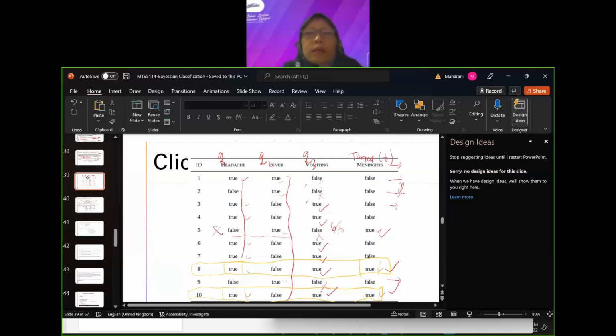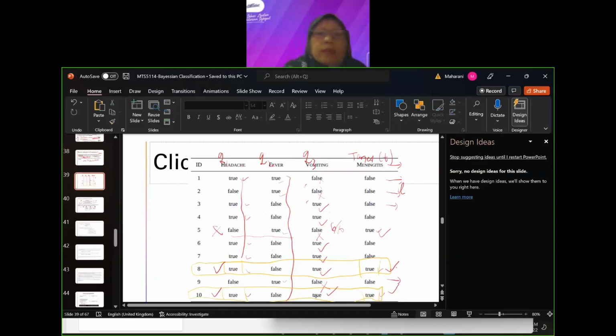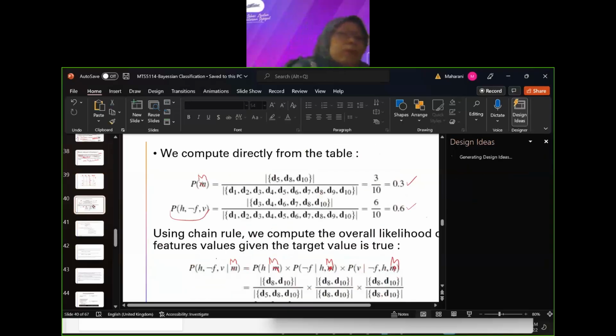Now the second target, yes, because true, false, true. So this is the one that we want. Then the last one, the target is true, and the features are satisfied: true, false, true, yes. So we have only 2, but not 2 over 10, because the total for the condition is 3. So the total is 2 over 3.